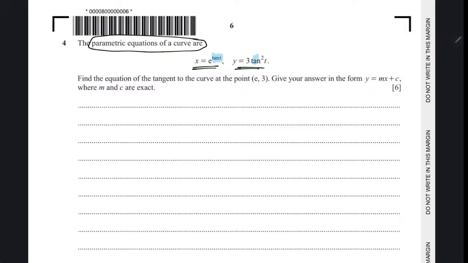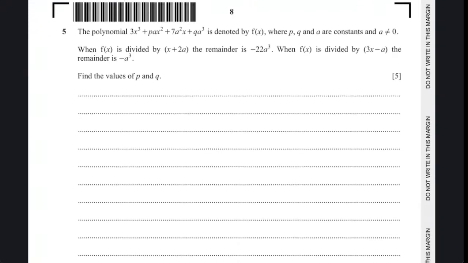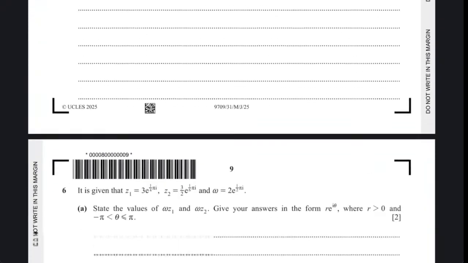It's not tan t, it's tan squared of t, which is like (tan t) squared. This is not e to the t, it's e to the tan t, which makes it composite. So they'll always make it composite. I'll explain to you what just changes on parametric, but it's still composite. Even if we come here, let's go to the other ones.